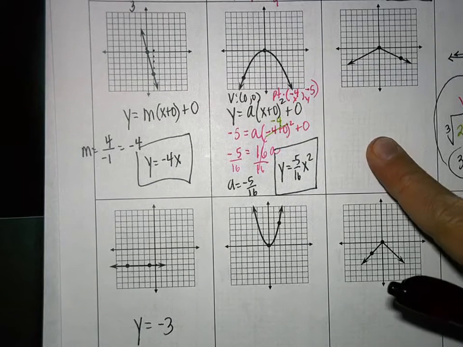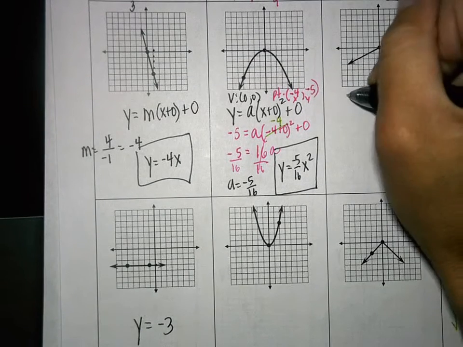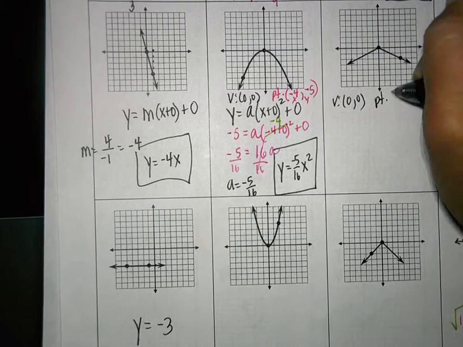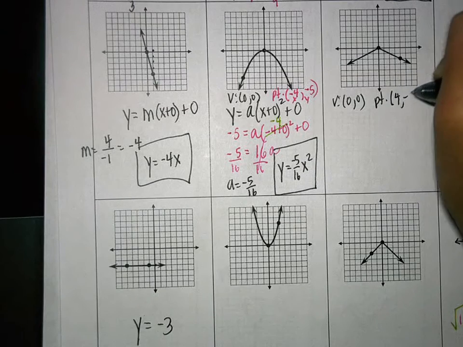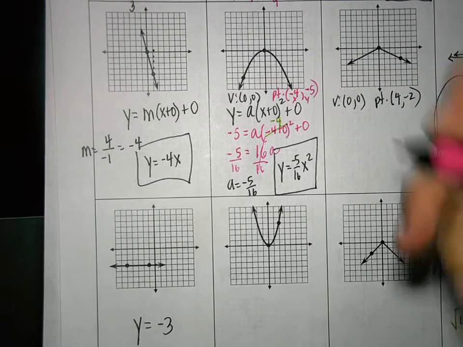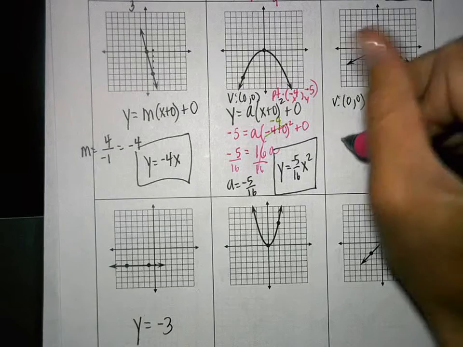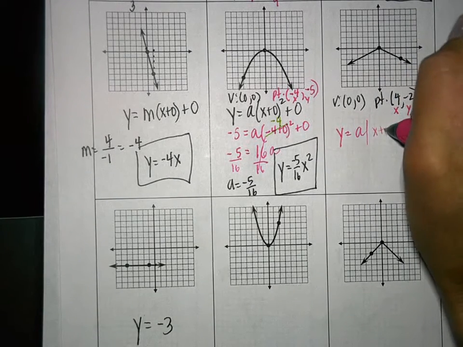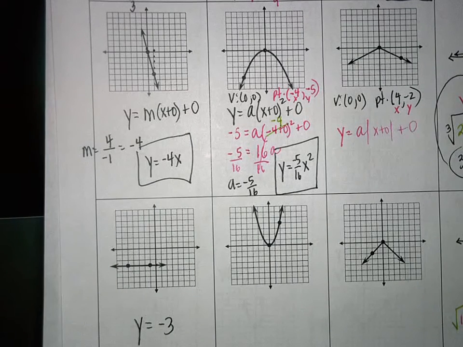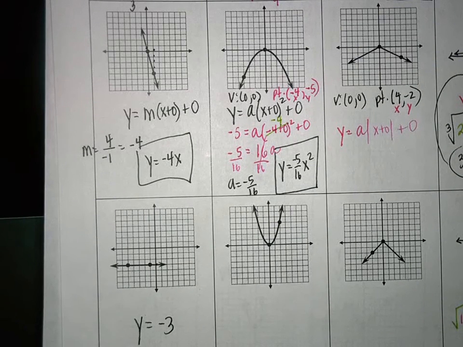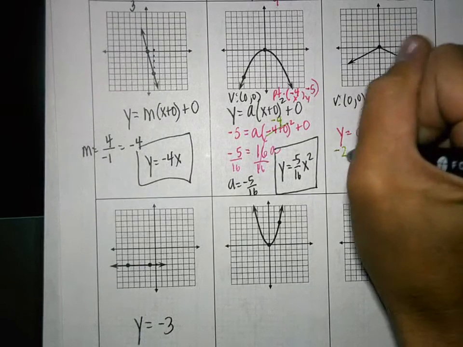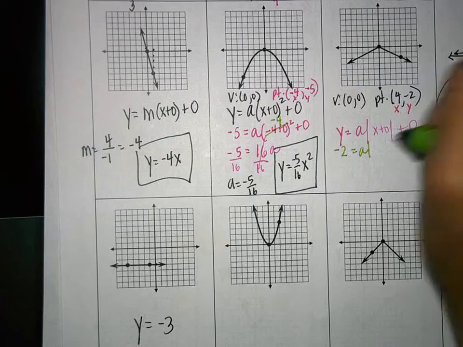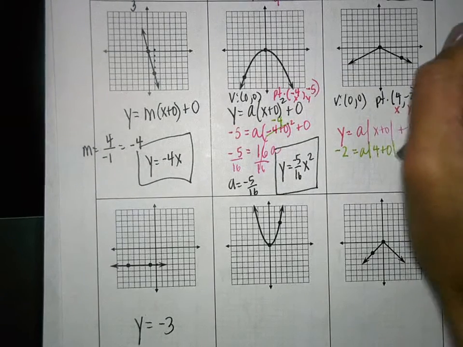Next one here. Okay, again, my vertex is at 0, 0. And the additional point is at 4, -2. We have y equals a absolute value, x plus 0 plus 0. Plug in the x and y value. -2 equals a absolute value of 4 plus 0 plus 0.